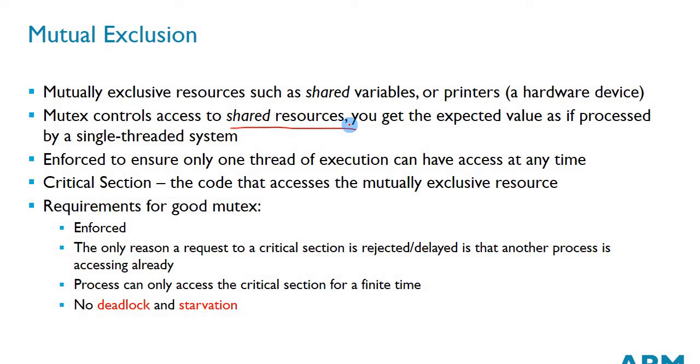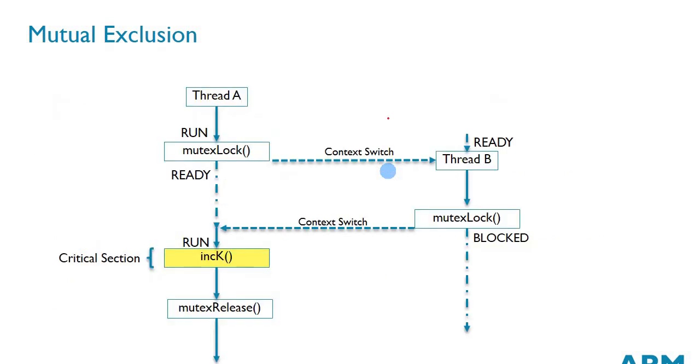When one task is holding it, any other task that wants access to the shared resource must be in a blocked state waiting for it. So it ensures that only one thread of execution can happen at any point in time. Now, how do we use this in our code? For example, thread A and thread B, both of them are accessing a shared resource, which is k.